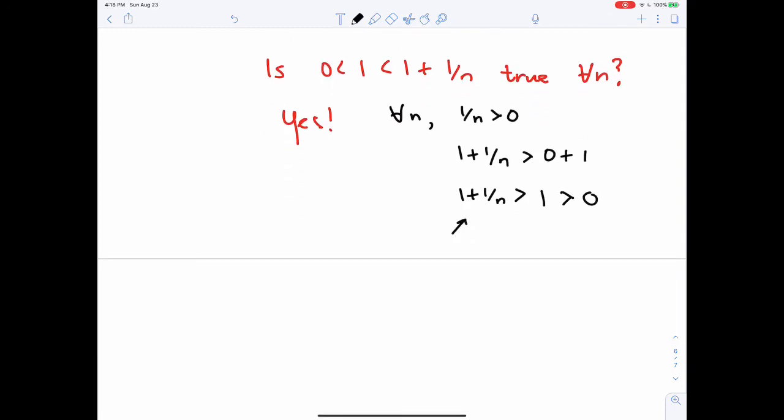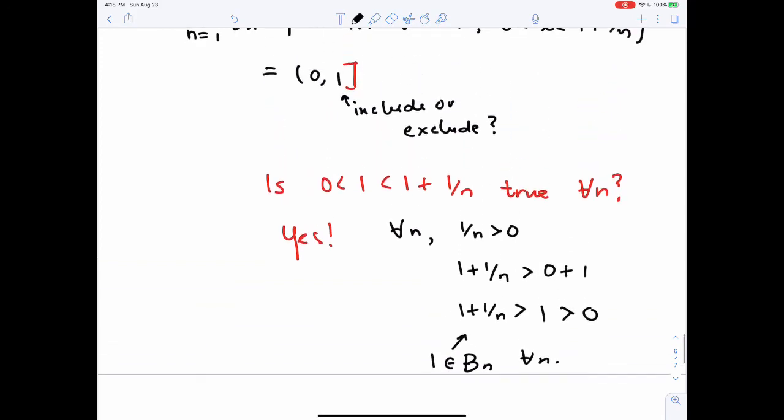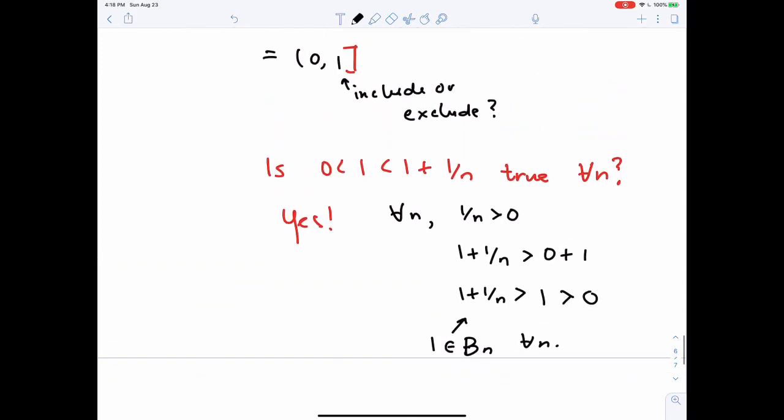This right here is exactly saying 1 is a member of Bn for all n. So we should include 1, and the reason why is because the answer to our question about whether or not 1 was in the interval for all n was a yes.